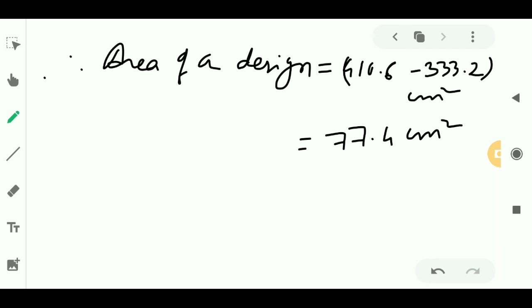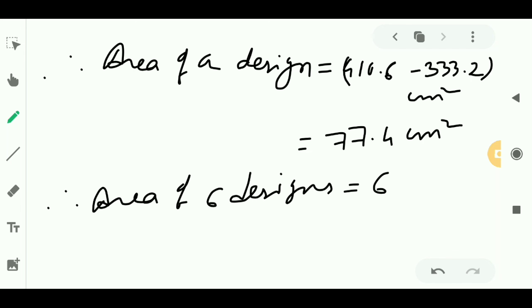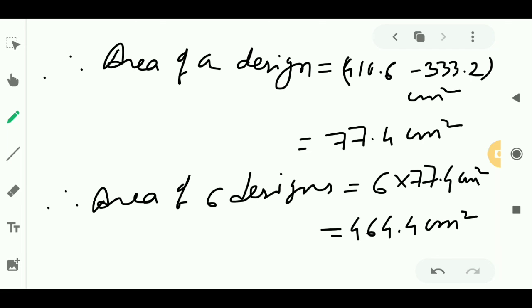So we have got one design, and how many designs are there? 6 designs. Therefore, the area of 6 designs is 6 into 77.4 centimeters square. 77.4 into 6 is 464.4 centimeters square.